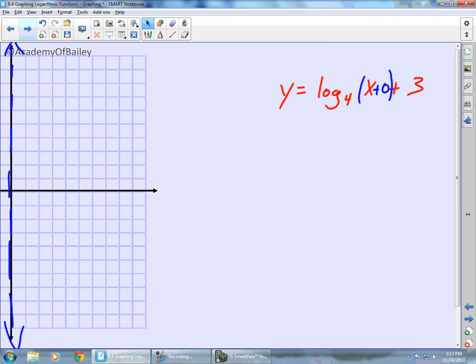We know that the base is positive 4, which is greater than 1, so it's going to open up and to the right. And so now we just need to turn to exponential form. So we have 4 raised to the y power, and that's equal to, I'm not going to use plus 0 here, that's equal to, whoa, this one's a little different, because that plus 3 isn't inside the parentheses there, is it?